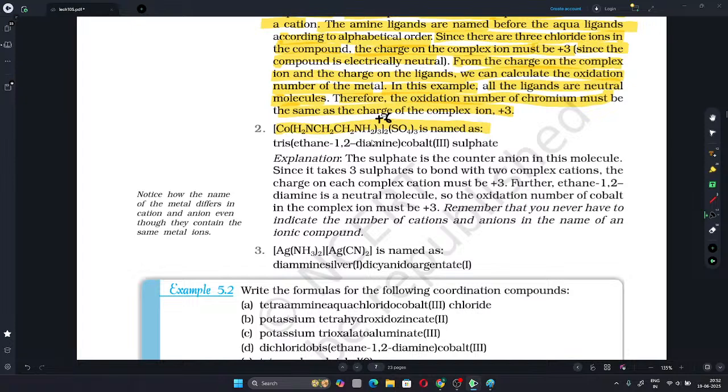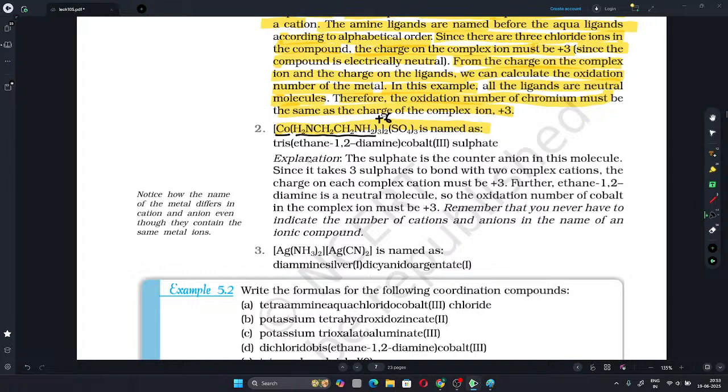Cobalt is the central atom, and ethane-1,2-diamine, thrice, is the ligand. As such, we can name it tris(ethane-1,2-diamine)cobalt(III) sulfate.